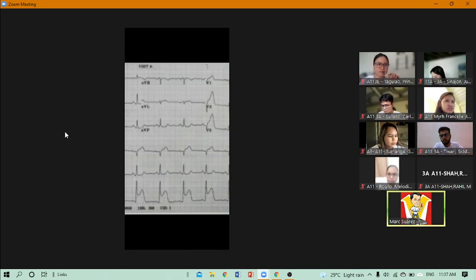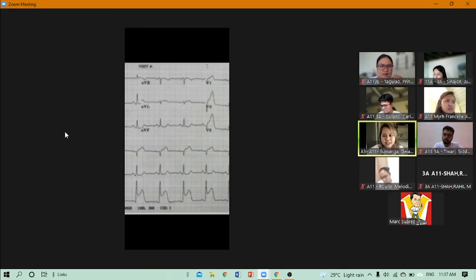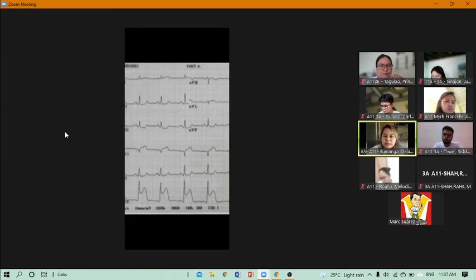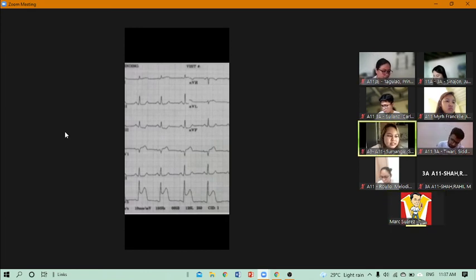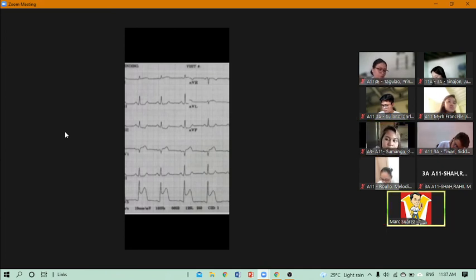Heart rate, Doc, is equal to 1,500 over the number of small squares. Correct. Okay. My next question is, where does that 1,500 come from?